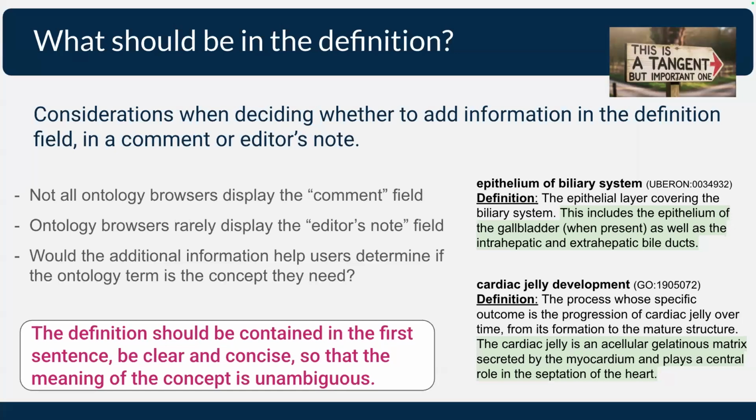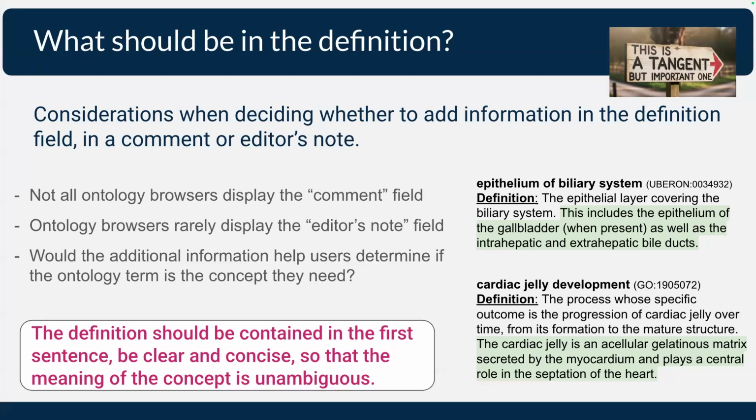One of the things is thinking about the ontology browsers. Some ontology browsers do not show the comment field or the editor's field. So if there's something very, very important or crucial, it might not be displayed in the ontology browser that a user is using for looking at the ontology.